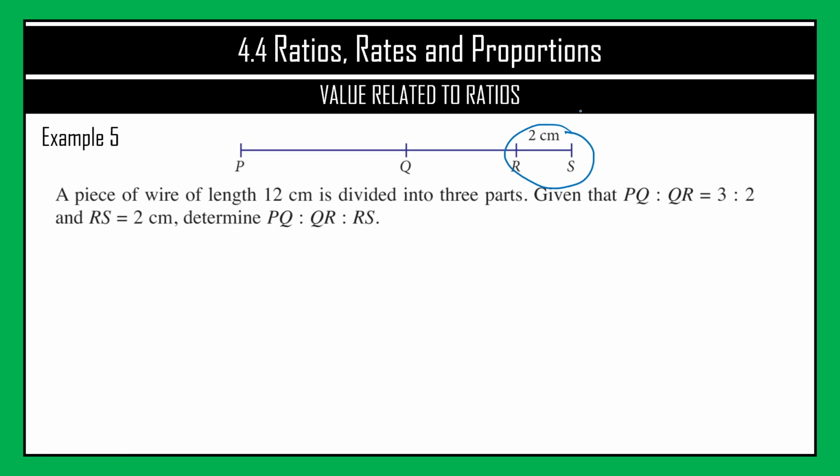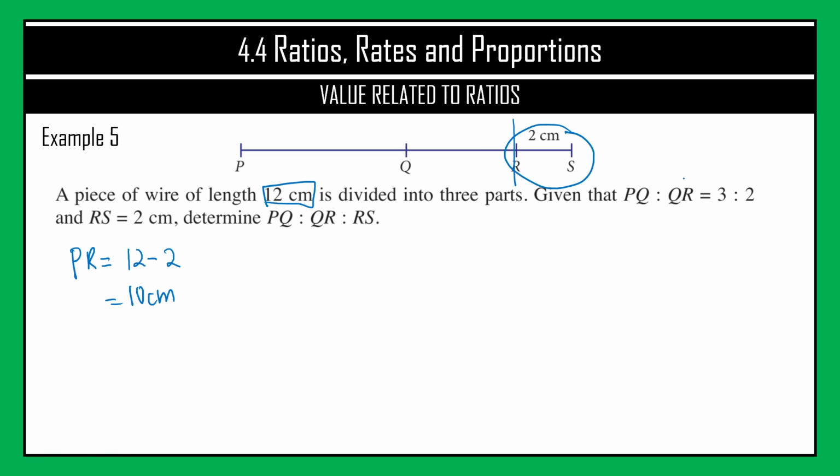The good thing is the question did give you the measurement of the wire, which is 12 centimeter. So it means that in order for us to find PQ and QR, I need to minus the total length. So from P to R, the length will be the total minus with RS, which is 10 centimeter.